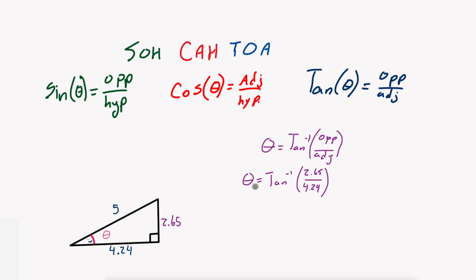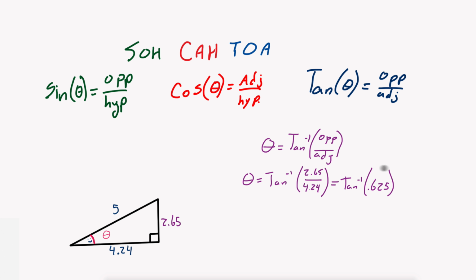If you take 2.65 and you divide by 4.24, you get 0.625. So the inverse tangent of 0.625 is going to equal our theta.